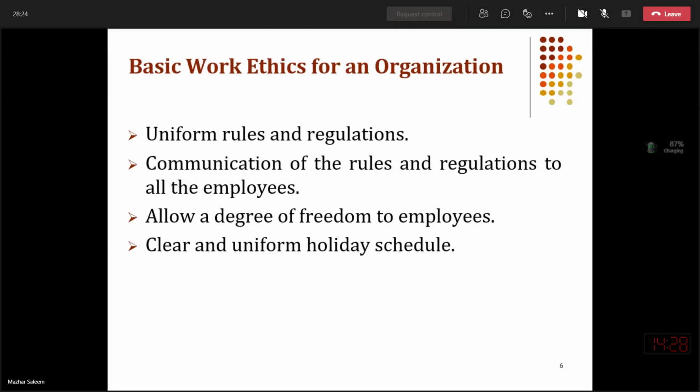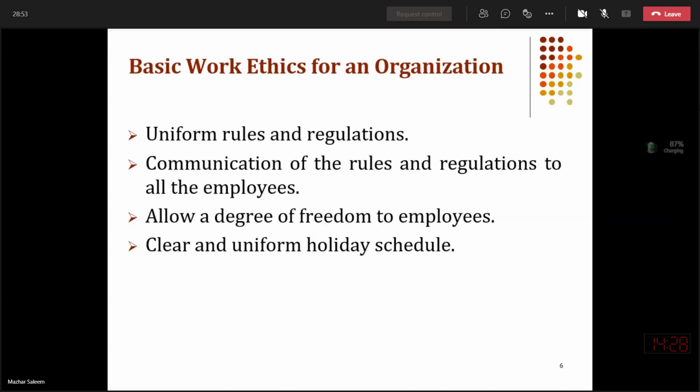The last thing is a clear and uniform holiday schedule. When you are an employee of any organization, the holiday schedule is important for you, because we are not just employees, we have personal lives too, and a lot of personal stuff to do. So we should know what the schedule of the holidays would be, how many sick leaves are allowed, or if there are some earned leaves or casual leaves, if we can get some duty leave or station leave.